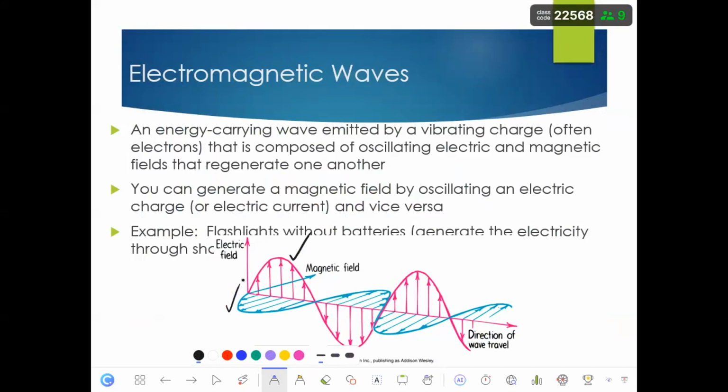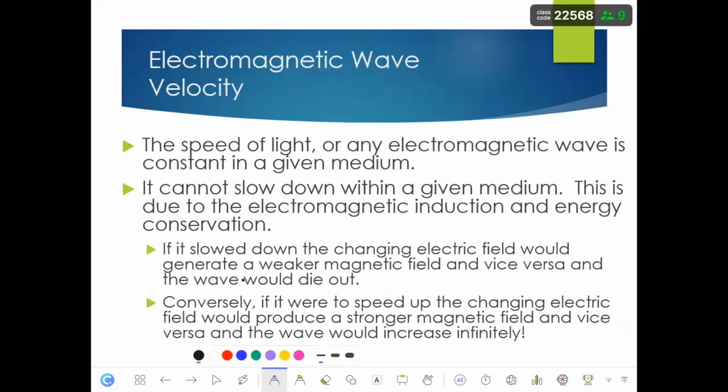Any wave has a wavelength, period, frequency, lambda, or the wavelength, and also the velocity of the wave. Okay. Electromagnetic wave velocity.